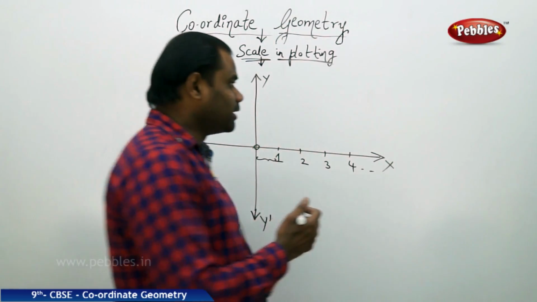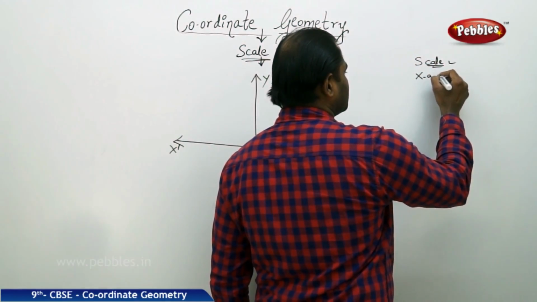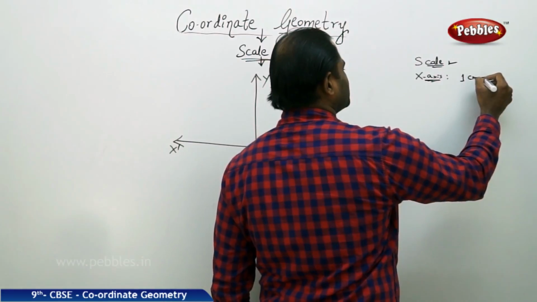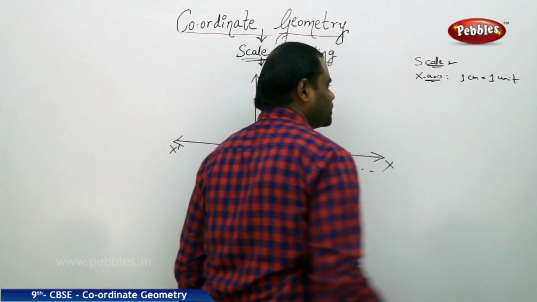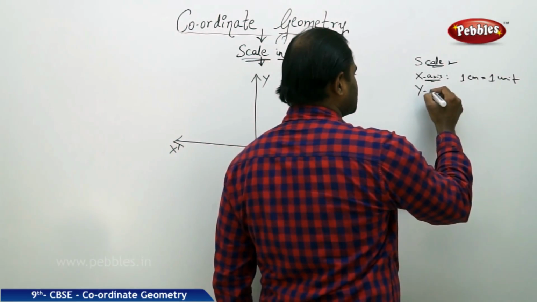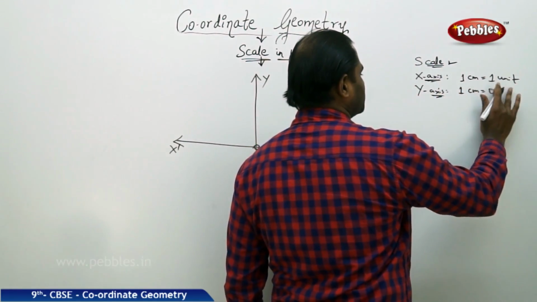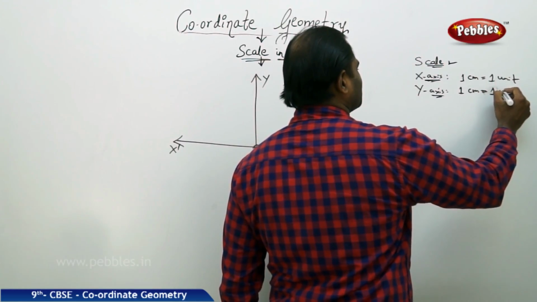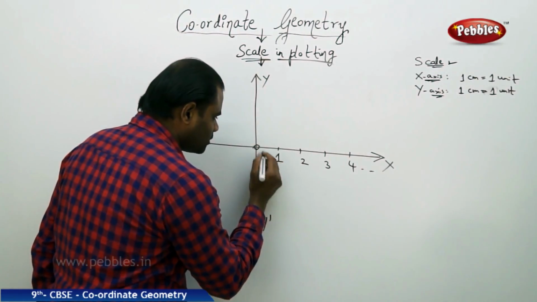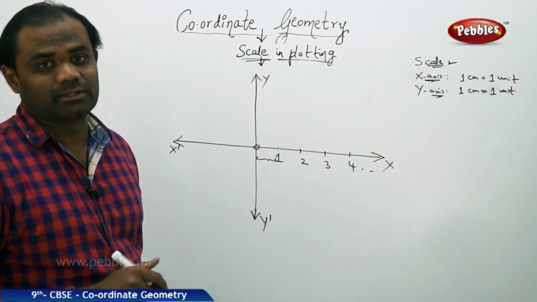That is, for every grid, the scale for x-axis is generally denoted as 1 centimeter equals 1 unit, and for y-axis, if I take 1 centimeter to be 1 unit, then I refer to this distance of 1 centimeter on the graph sheet grids to be 1 unit.